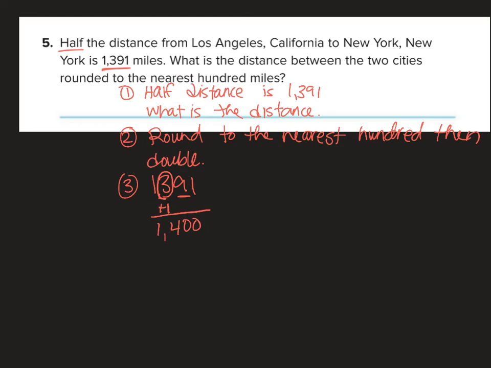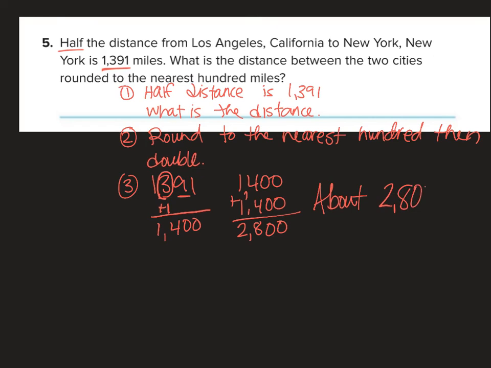So now, after I rounded it, I need to double that. 1,400 plus 1,400. So 0 plus 0 is 0. 0 plus 0 is 0. 4 plus 4 is 8. 1 plus 1 is 2. So the distance is about 2,800 miles.